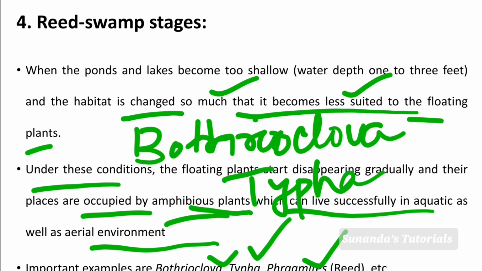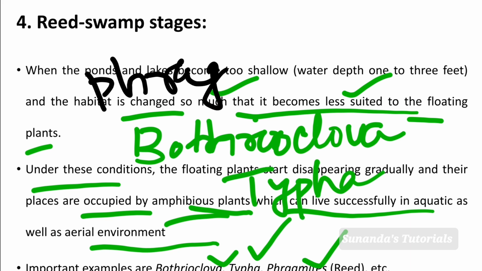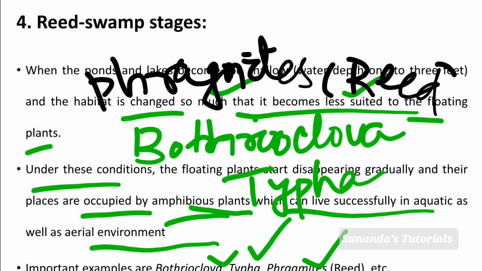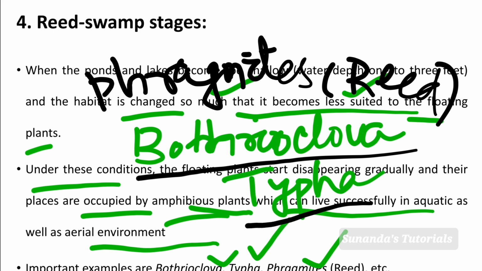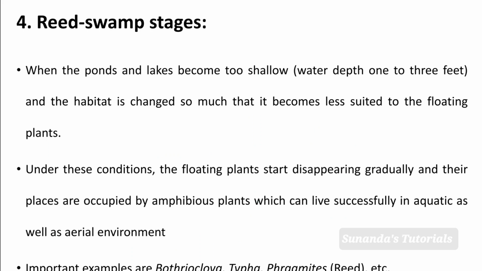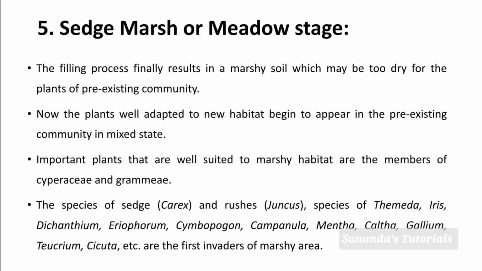Third one is phragmites. It is commonly known as reed. Bothrioclova, Typha, phragmites or reed. These are the plants which are generally found in reed swamp stage.